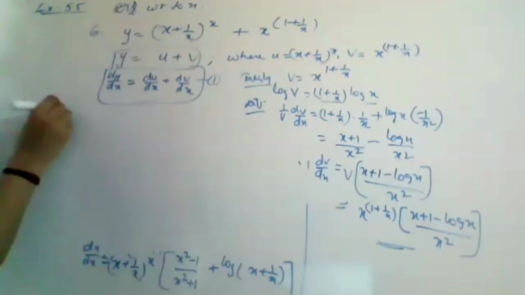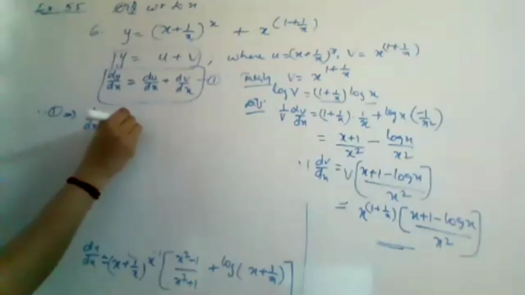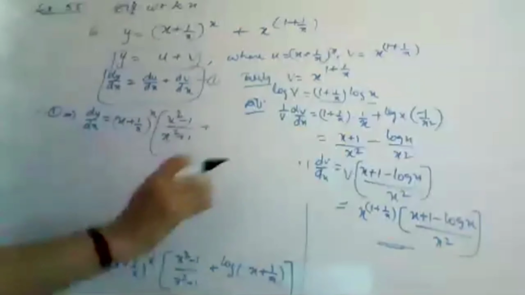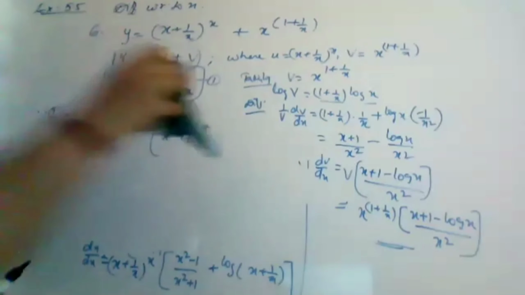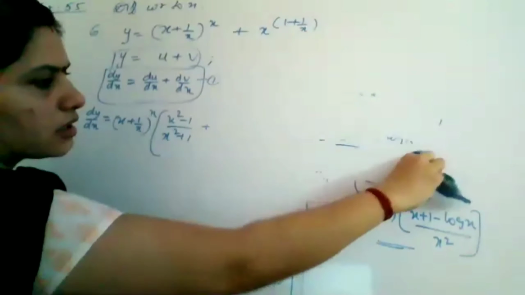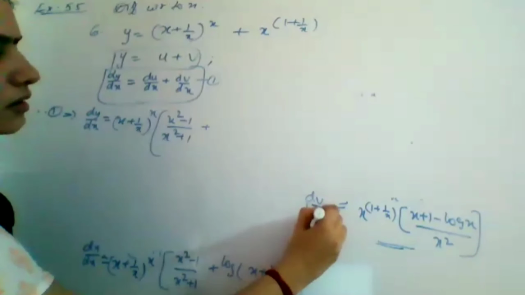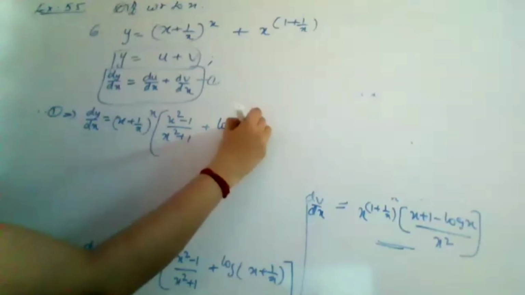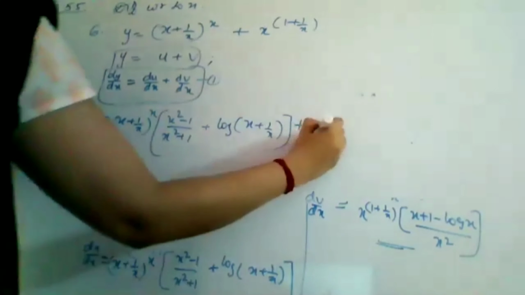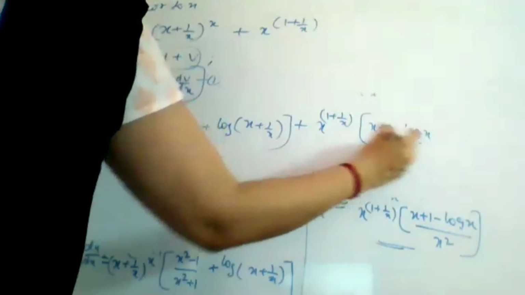Therefore, equation 1 becomes dy by dx is equal to (x + 1/x)^x times (x square minus 1)/(x square plus 1) plus log of (x + 1/x), plus dv by dx, which is x raised to 1 plus 1 by x into (x plus 1 minus log x) divided by x square.